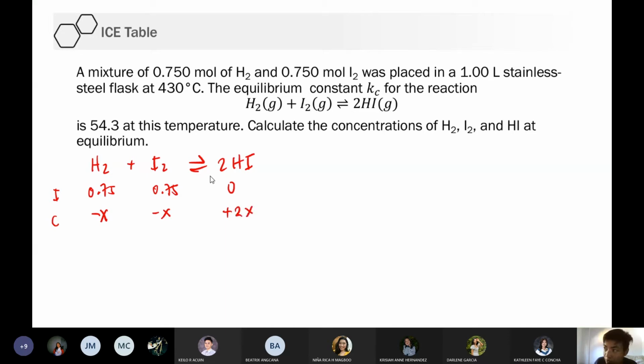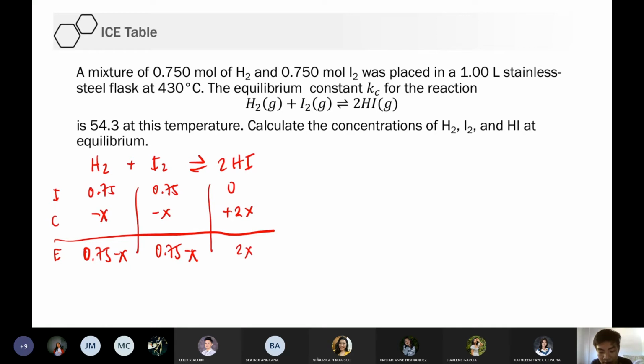The reason we have 2 here is that we have a coefficient of 2. Whatever the coefficient, that must be plugged into the change expression. Then for the equilibrium, we just add I and C: 0.75 minus x, 0.75 minus x, and 0 plus 2x is just 2x.